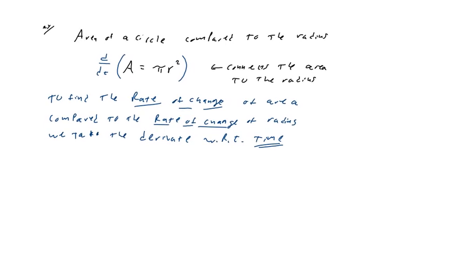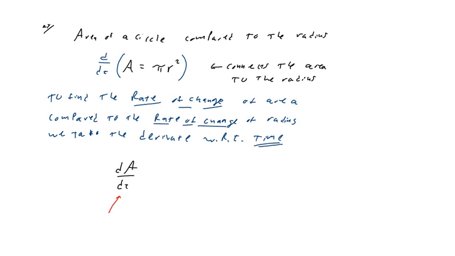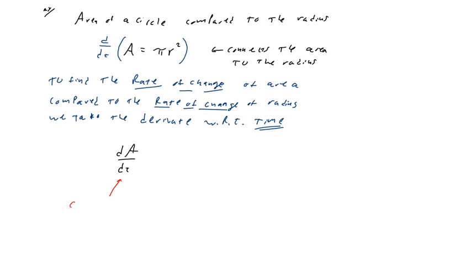And this is a related rate. So we're going to find a derivative, right? dA/dt, the derivative of the area. This is the change in area with respect to time.